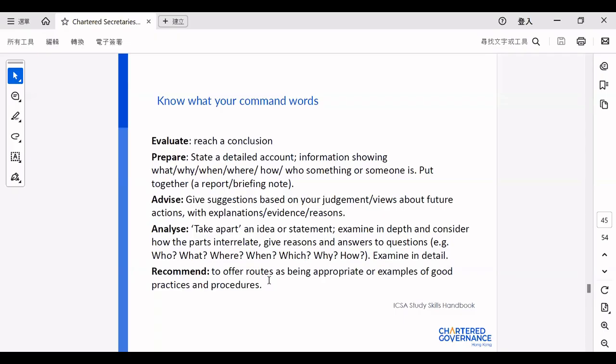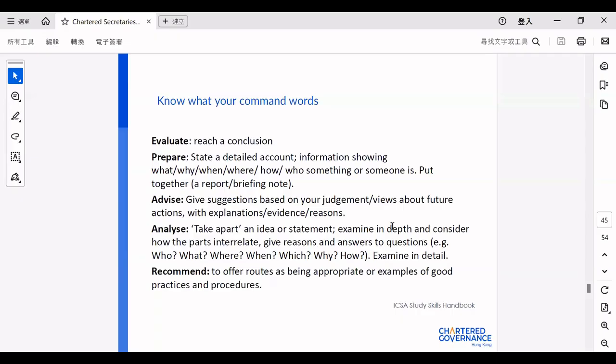You don't just give a recommendation without referring to the reasons why you give such a recommendation. Now, here are the action verbs, and you have to be familiarized with these action verbs, so that before you write your answer, you actually underline the action verb.